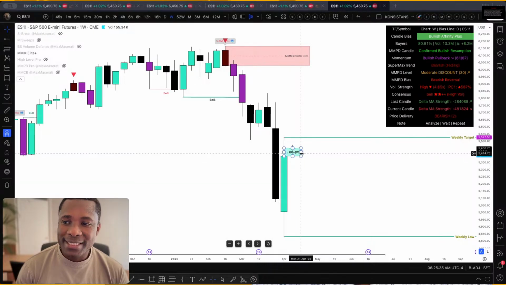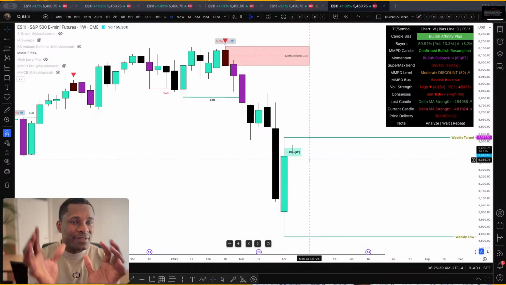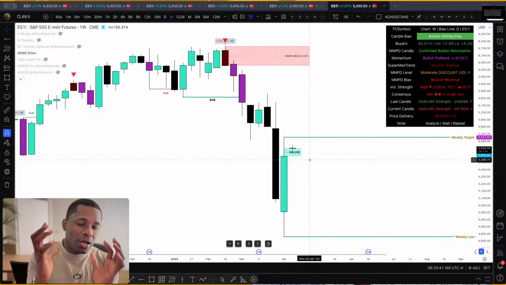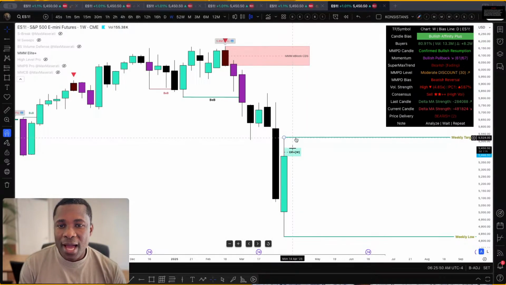They know at this level there's a lot of people willing to exchange the contract with them so they can make a profit. However, the weekly target is all the way up here, which means we are bullish.